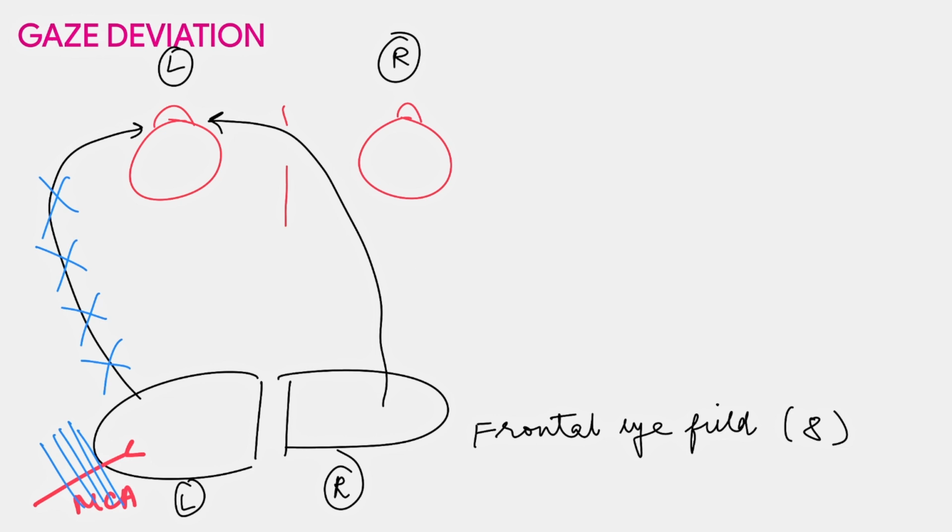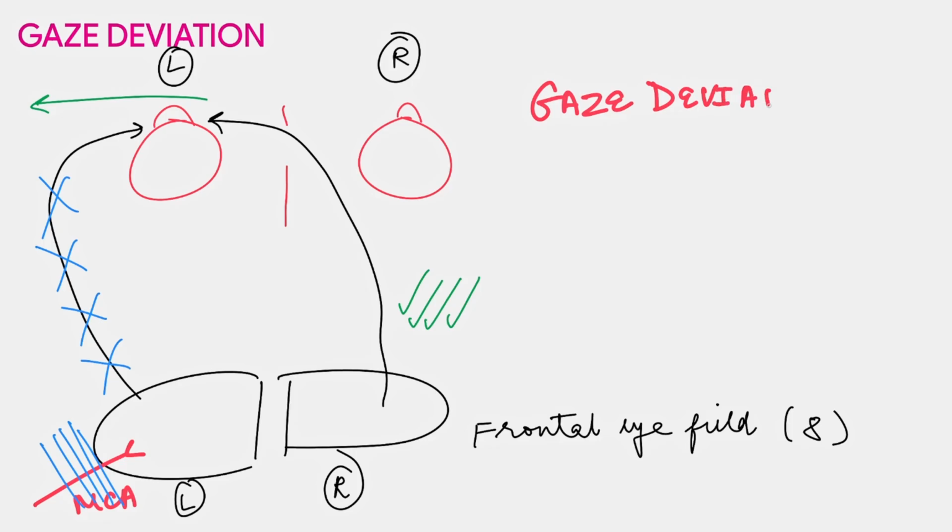So naturally, the other side's impulse predominates and your gaze is shifted. With a left MCA lesion, your gaze ended up shifting to the left side itself. So in MCA stroke, there is gaze deviation to the side of the lesion.